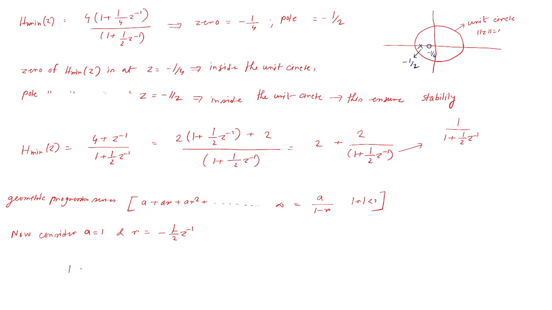You will get 1 minus half of z inverse plus... the sign comes because minus got squared, therefore plus, the alternating sign will go on, and this will result in 1 over 1 plus half z inverse, for absolute value of minus half z inverse less than 1. This corresponds to nothing but z greater than half.